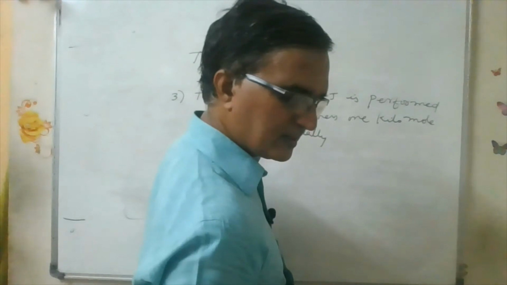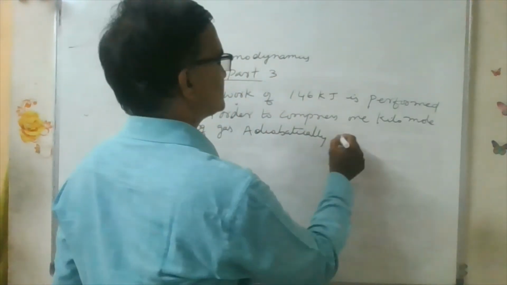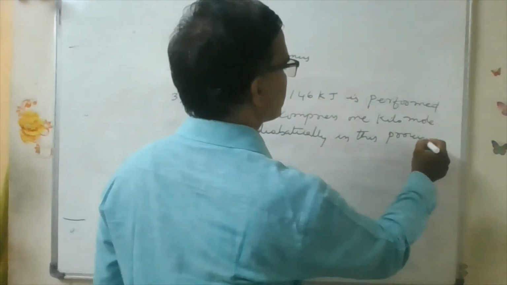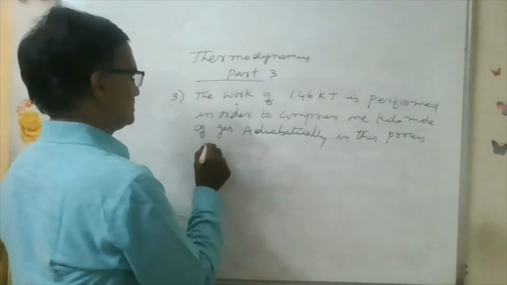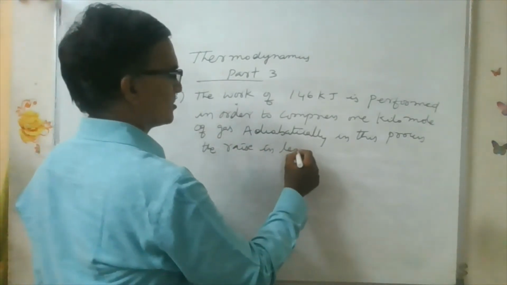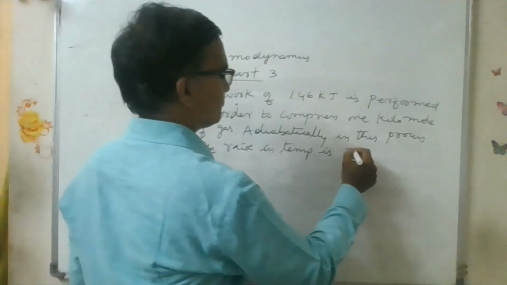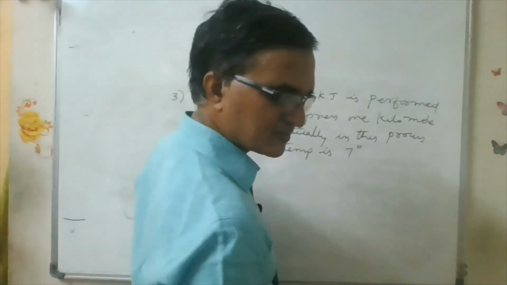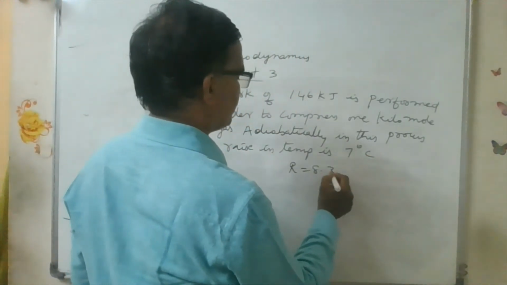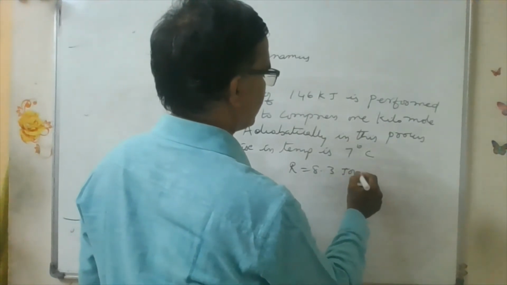And in this process, the rise in temperature is 7 degrees centigrade, and the R value is 8.3 joule per mole per Kelvin.